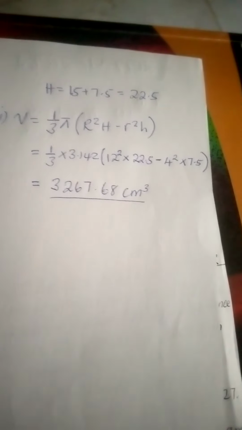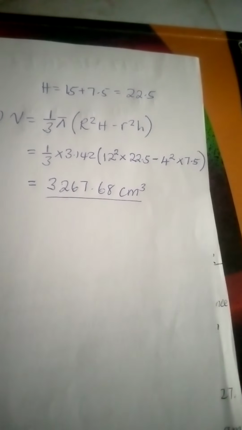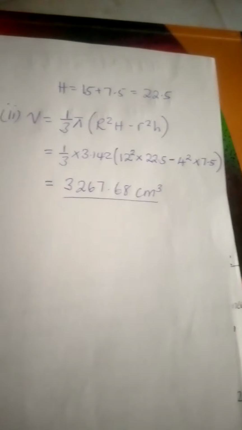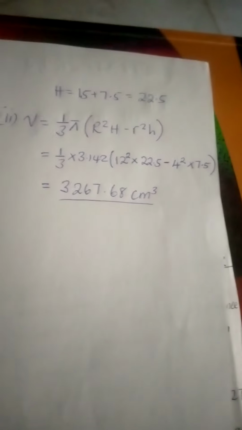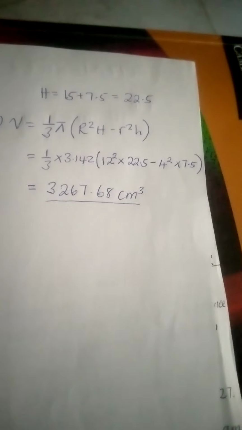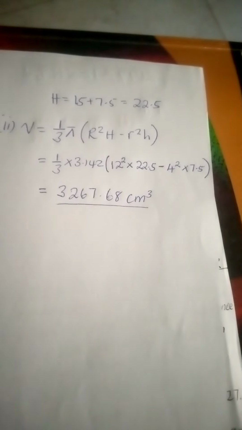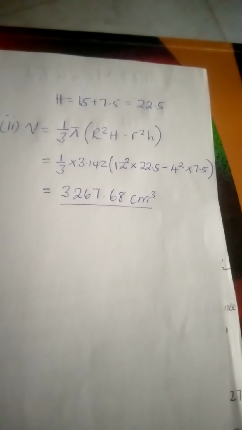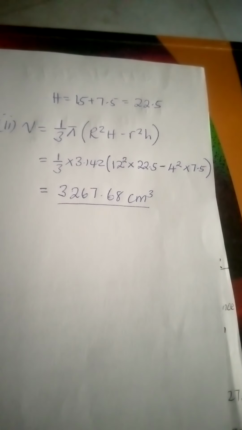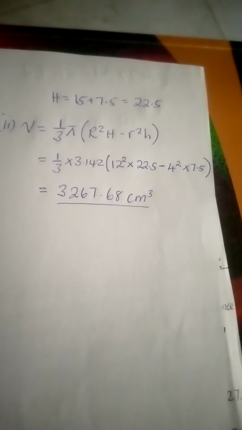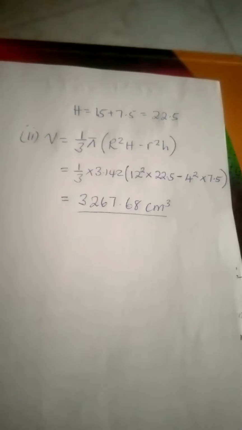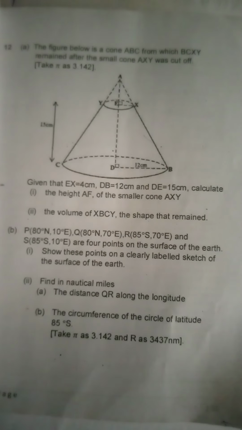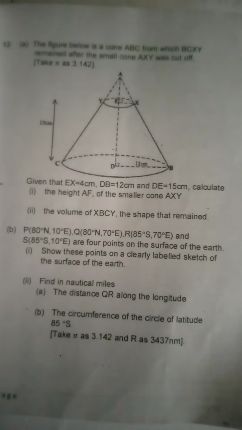When you work that one out, you are going to find that the volume for the remaining cone, which is XBCY, will be 3267.68 cubic centimeters. All right, let's go to B.